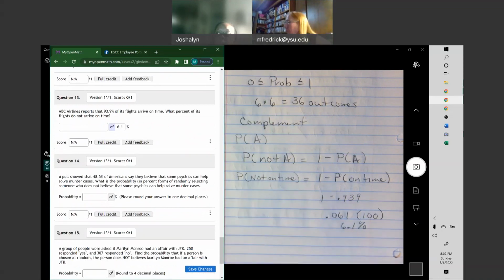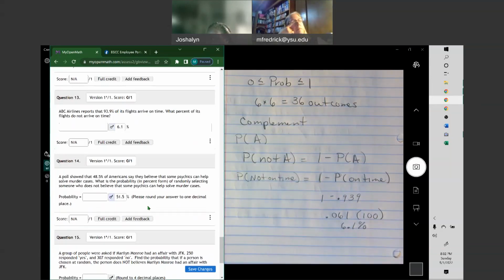All right, so for the next one, it's 1 minus 0.485. And then multiply by 100 to get it back to a percent. So 0.515. 51.5.